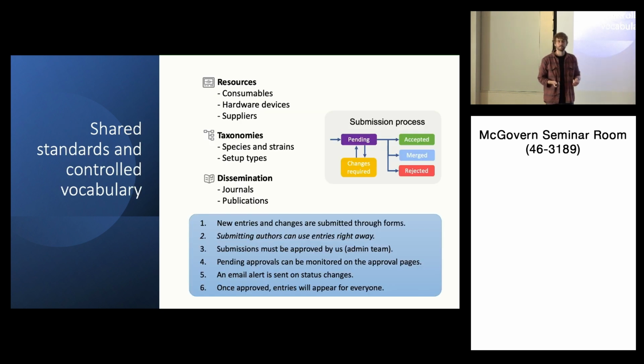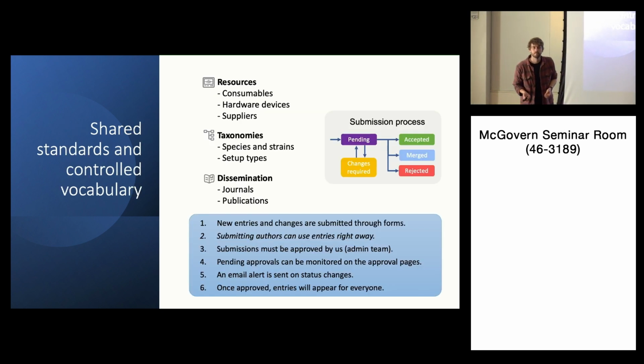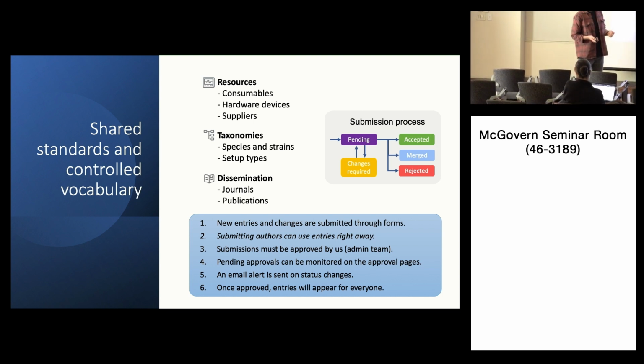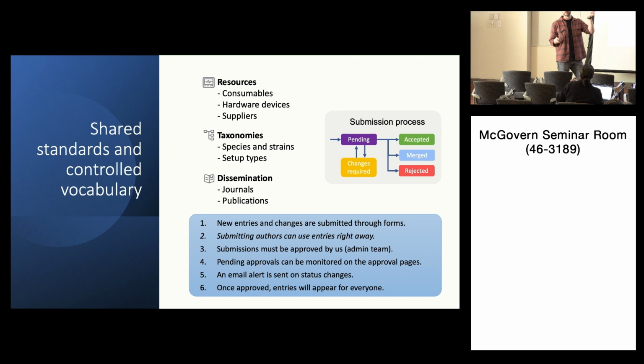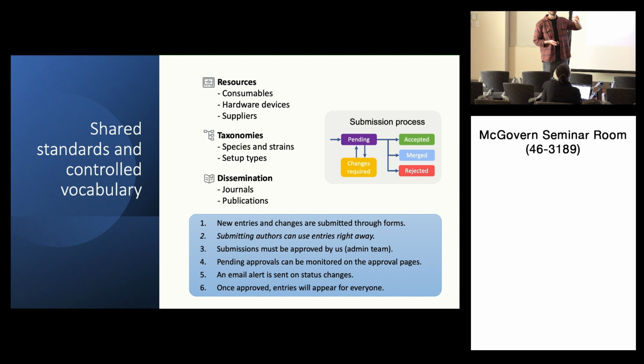What's the difference between accepting and merging? Yes, so let's say again, back to Flag 6, if they missed that there's already a Flag 6 strain and they submitted something like B6, and we realize, okay, you actually mean Flag 6, we can offer to merge their submission with the one we have. So if you're submitting something completely new, it's accepted.